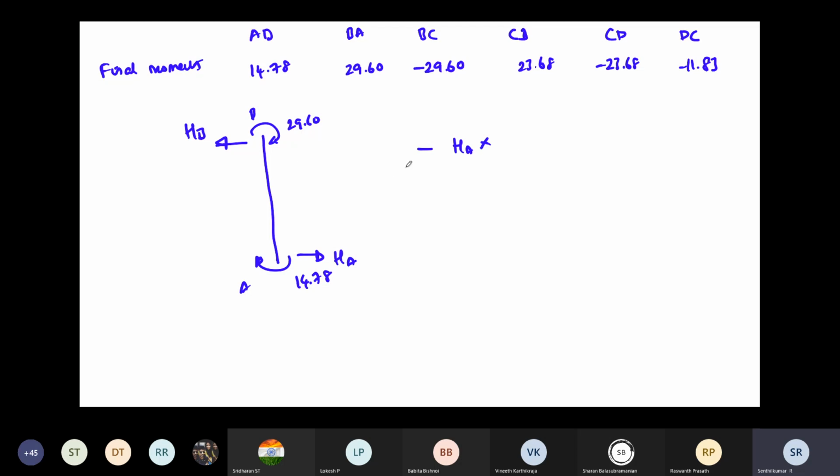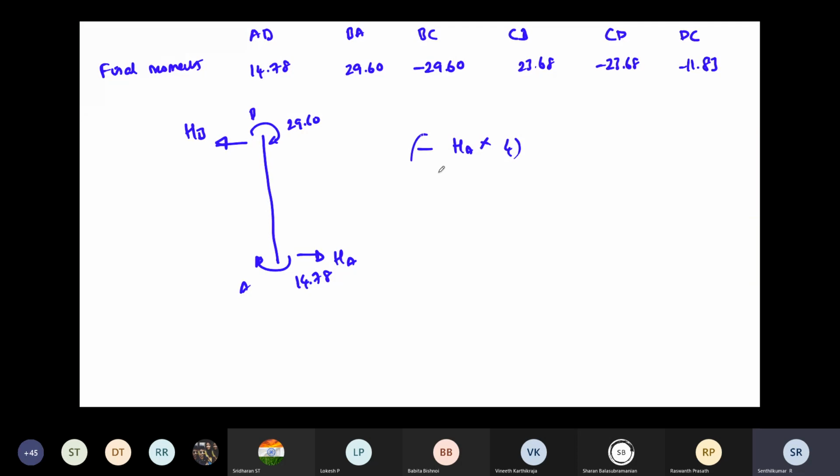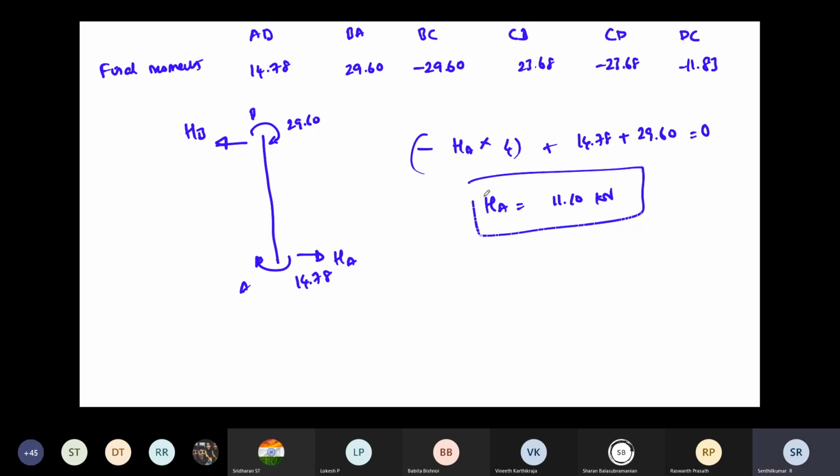What is your length? Length of the member is 4 meter. HA into 4. Then the clockwise moments 14.78 plus 29.60 equal to 0. So HA will be equal to 11.10 kN acting in this direction.